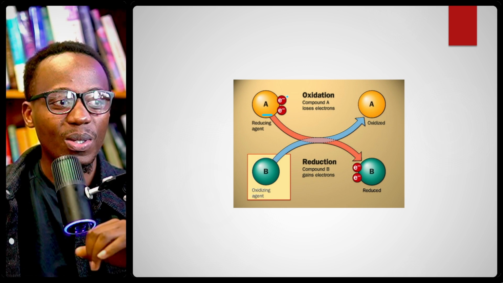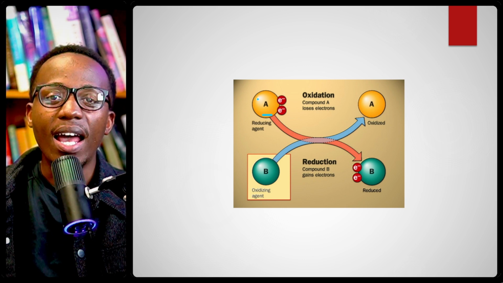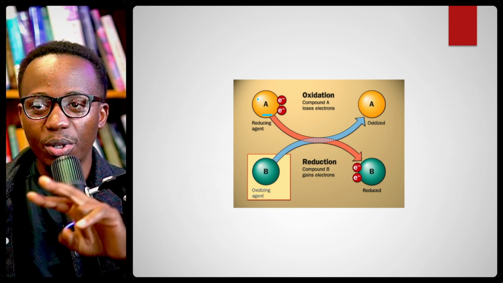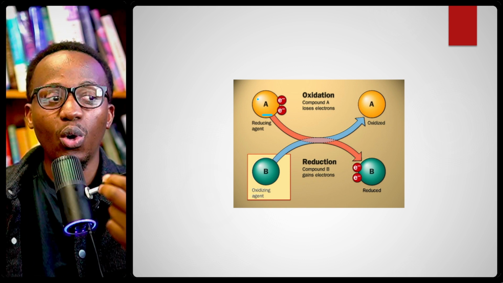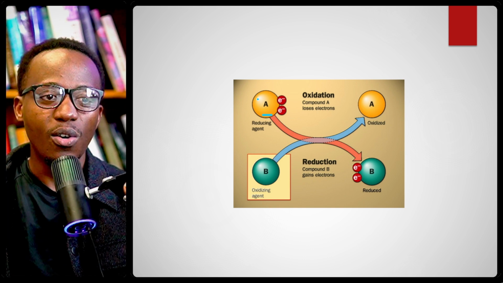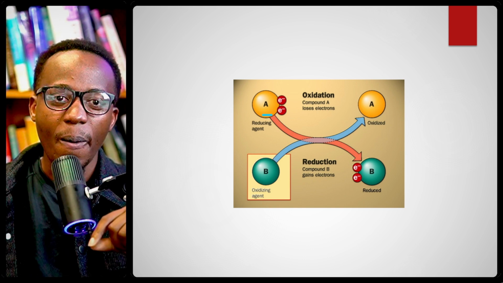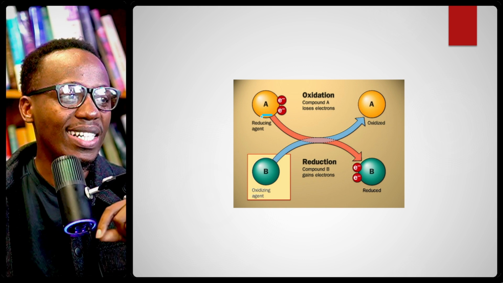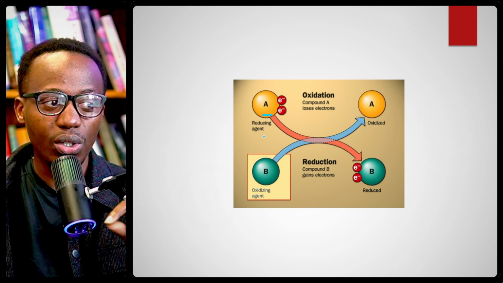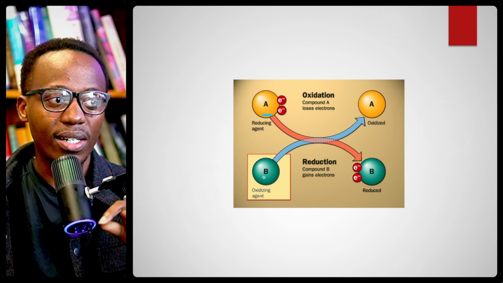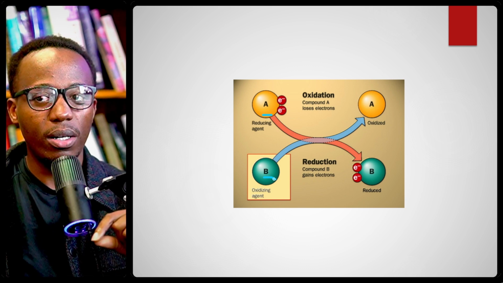However, we call it a reducing agent, right? So three terms. Something that undergoes oxidation is going to be oxidized, and then it's going to be called a reducing agent. Why is it a reducing agent? Because it is going to reduce this other compound, right?